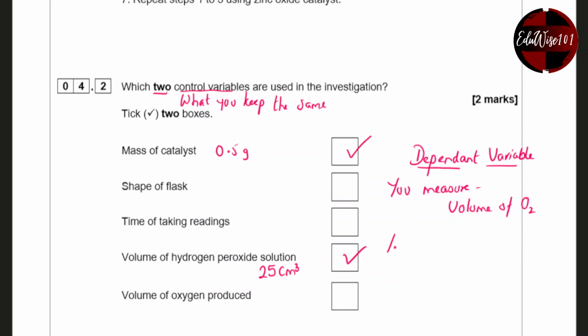Independent variable is what you change, that is the type of catalyst.